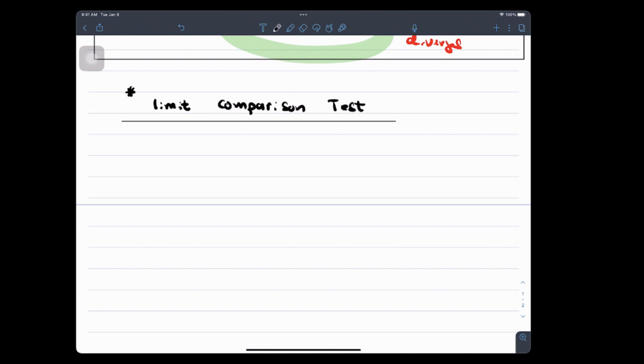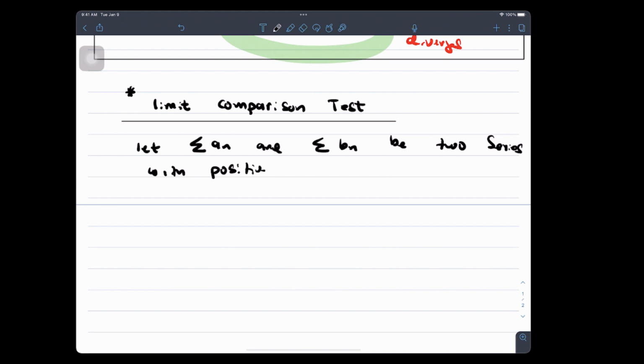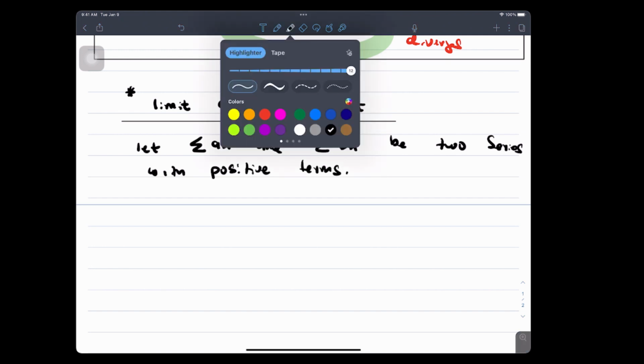And it's the same situation. We're going to have two series. We're going to say let these series, AN and BN, be two series. Okay, they're two different series with positive terms. Okay, so they have to have positive terms. Here's my first series.